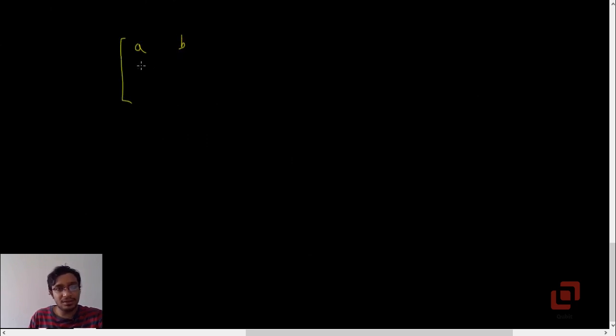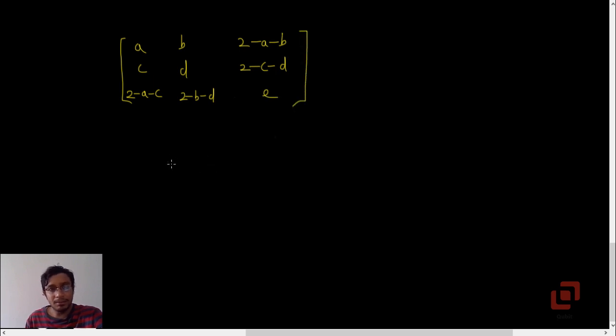I just considered A, B, C, D. Okay, and then I was forced to write this element as 2 minus A minus B, this as 2 minus C minus D, this as 2 minus A minus C, and this as 2 minus B minus D, and I wrote this as E, but I knew that 2 minus A minus B plus 2 minus C minus D plus E should be equal to 1, isn't it?